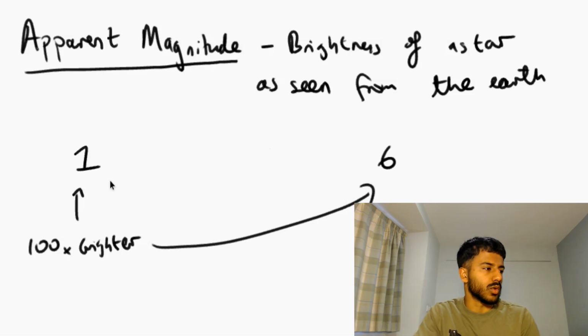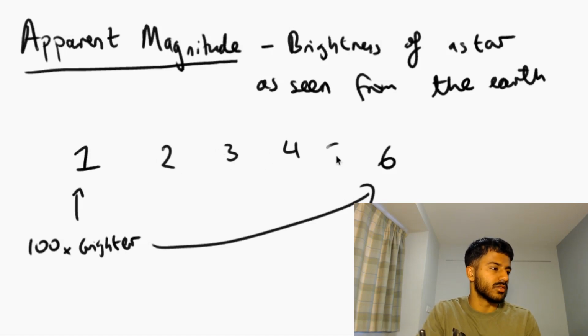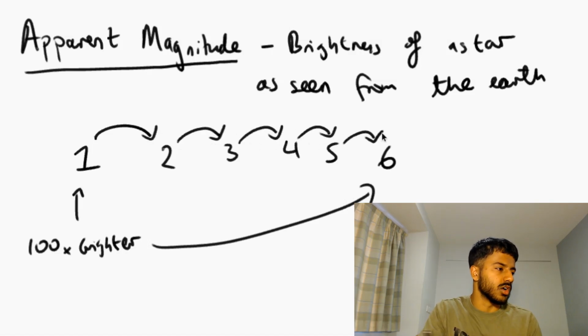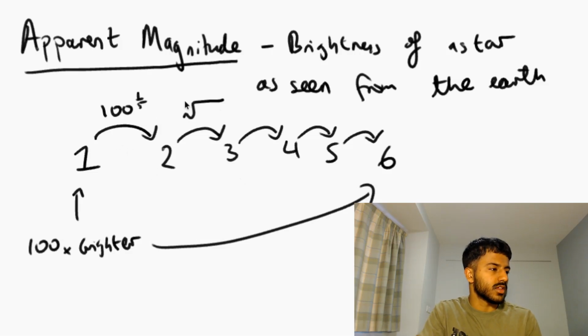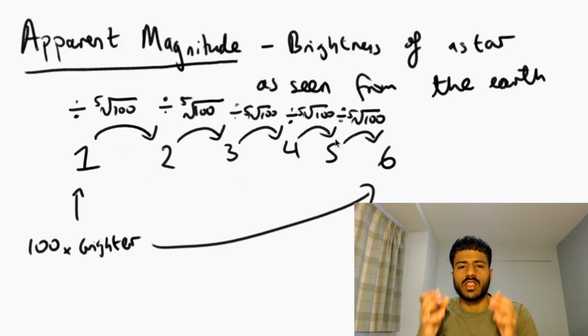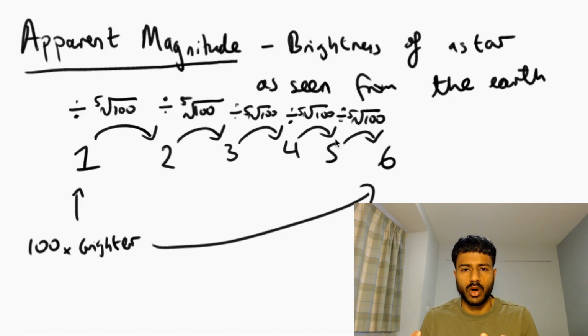So the scale will go from 1 to 6, and you have like 2, 3, 4, 5. And the difference between each of these is a factor of 100 to the power of 1/5. Or in other words, this is the 5th root of 100, which has a value of roughly 2.51.